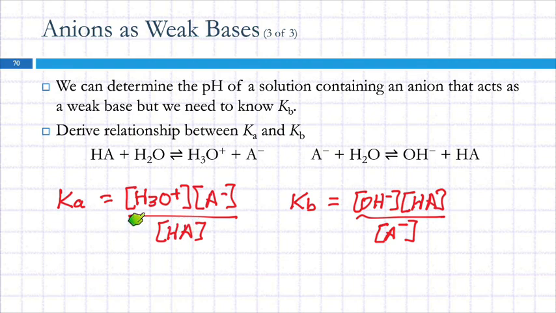So for this one, if I take the hydronium ion concentration and divide both sides, Ka over the hydronium ion concentration is equal to A minus over HA. Over here, this is upside down.